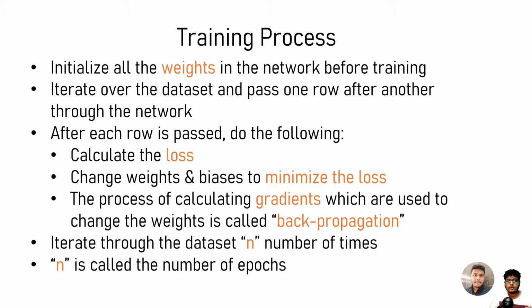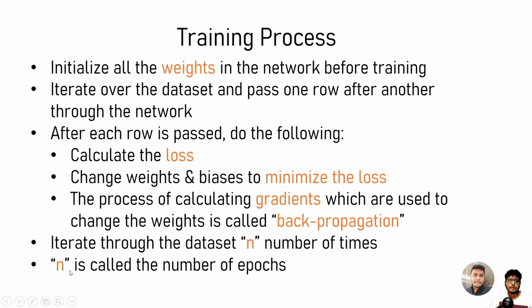After 100 times, you have completed one pass through the dataset, since you have passed through all the rows in the dataset. Now we don't just train for one pass through the dataset, rather we train multiple times. It can be 100 times or 1000 times through the dataset, anything is possible.